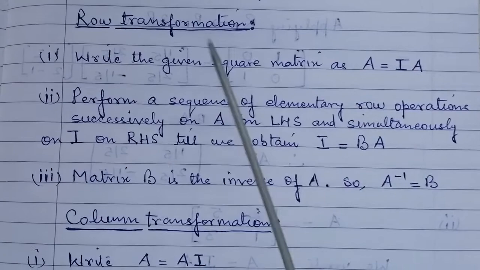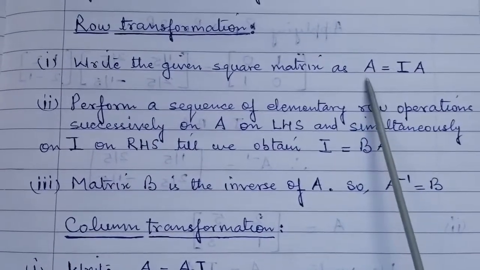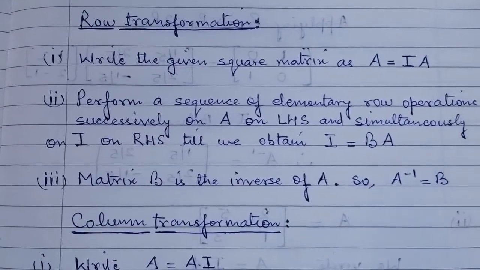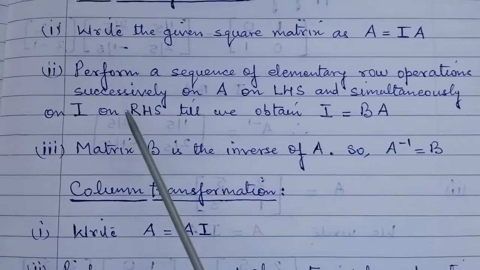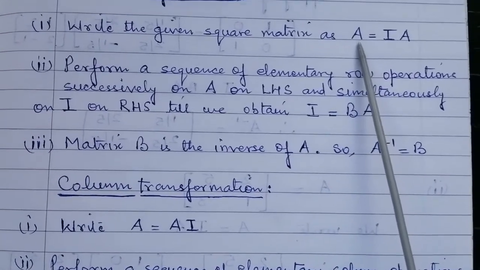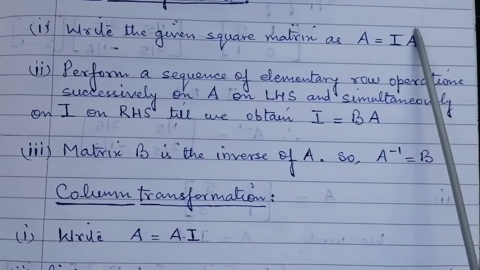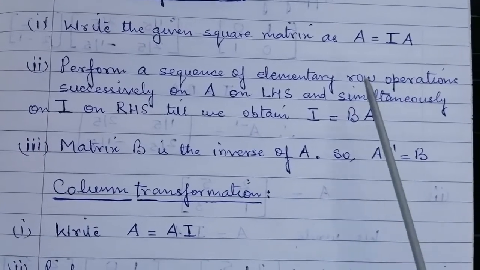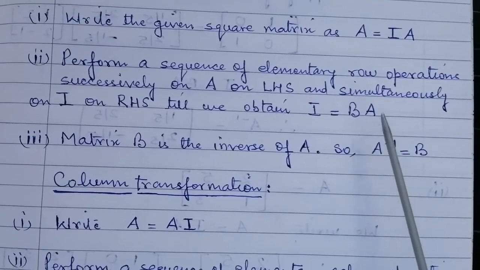This is the very first step. Then perform a sequence of elementary row operations successively on A on the LHS, and simultaneously on I on the RHS. This A will remain unchanged, till we obtain I is equal to B into A.